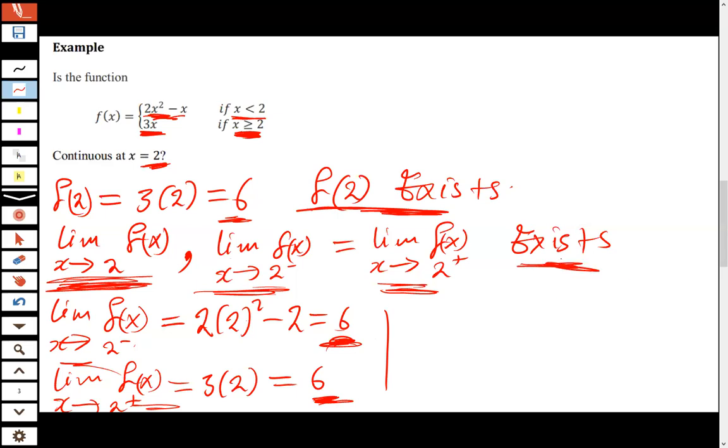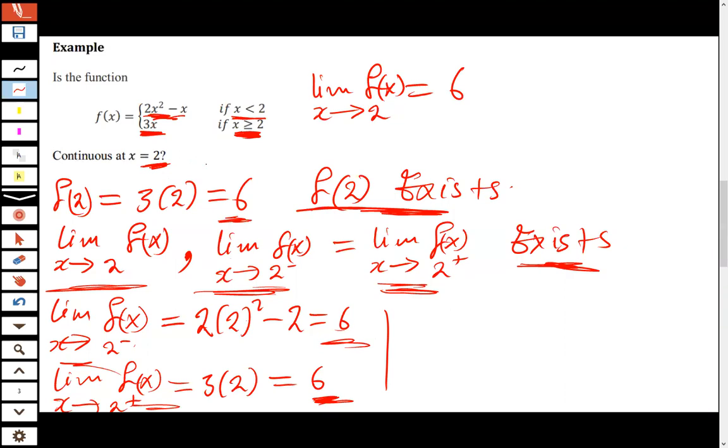Before you check the 2 solutions, you have to find the answer for this, which is just the answer that you find on both the left and the right. So let me write it on top. You can now say the limit of f of x as x approaches 2 is equal to 6.